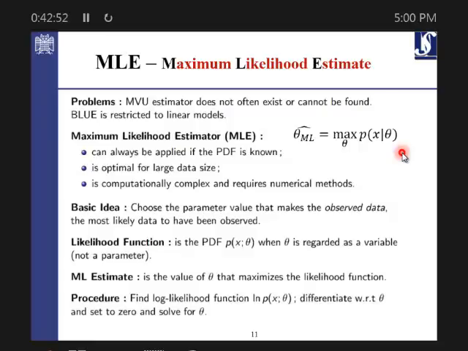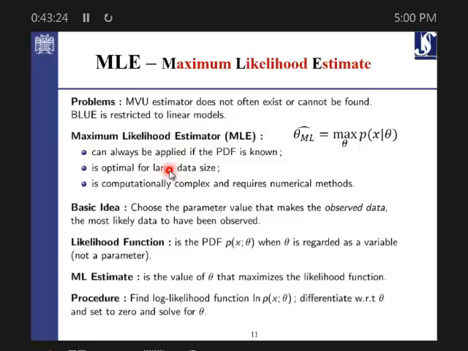And it's interesting to know that there are properties for the maximum likelihood. For a large data set, if you have a large amount of data, we can figure out that the maximum likelihood is the best answer.